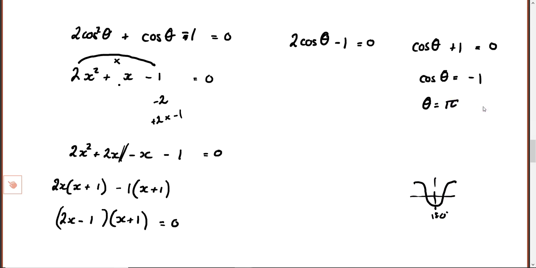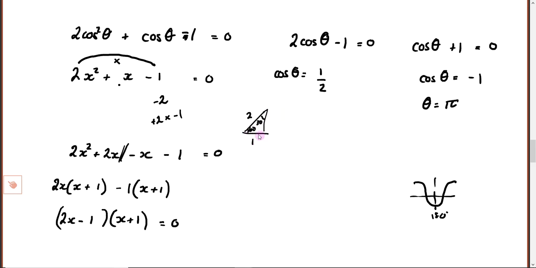Yeah? And then what about this one? So now we've got cos theta is equal to 1 divided by 2, cos theta is half. So now we need our special triangle for that one, don't we? Yes. So that's the 30, 60, 2, 1.